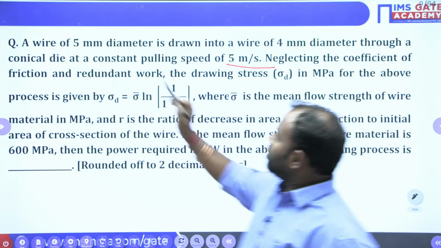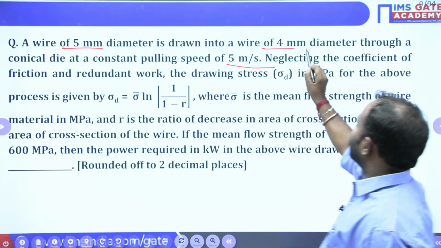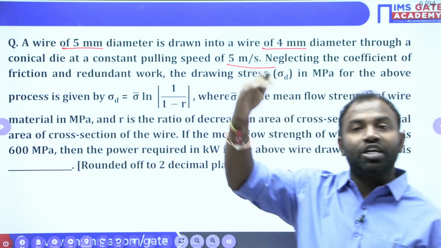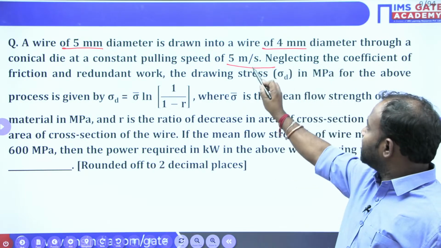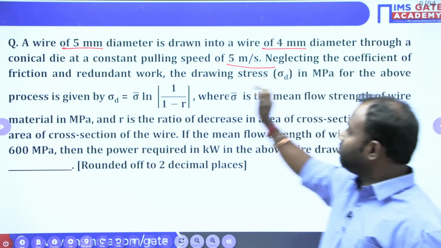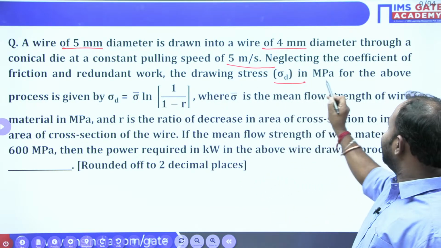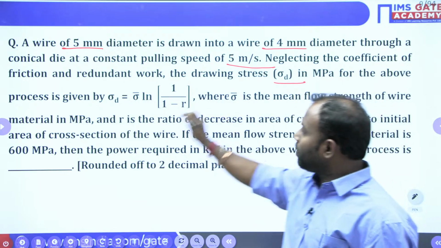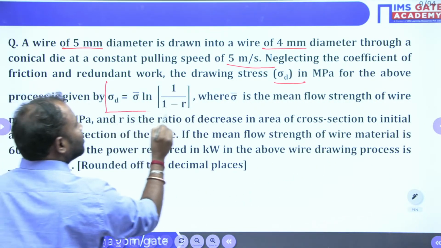Neglecting the coefficient of friction and redundant work, the drawing stress sigma d in megapascal for the above process is given by this formula.